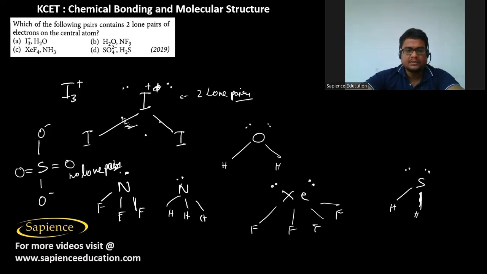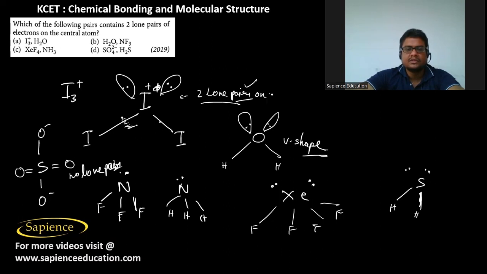So here I3 plus and H2O both have got V shape or bent shape, and they both have got two lone pairs on the central atom. And in case of option B, we have H2O and NF3. So here H2O has got two lone pairs, but NF3 has got only one lone pair.